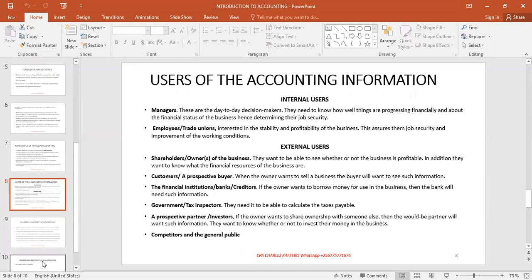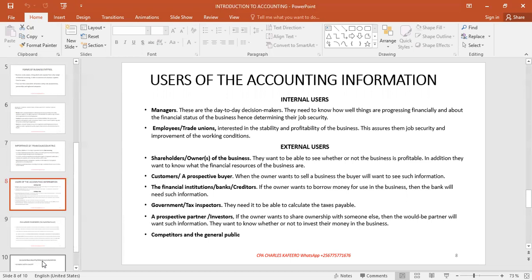So for the internal users, those are the users within the organization. So they need that accounting information for what? When you are looking at the users of accounting information, we look at them as, let's say, managers.